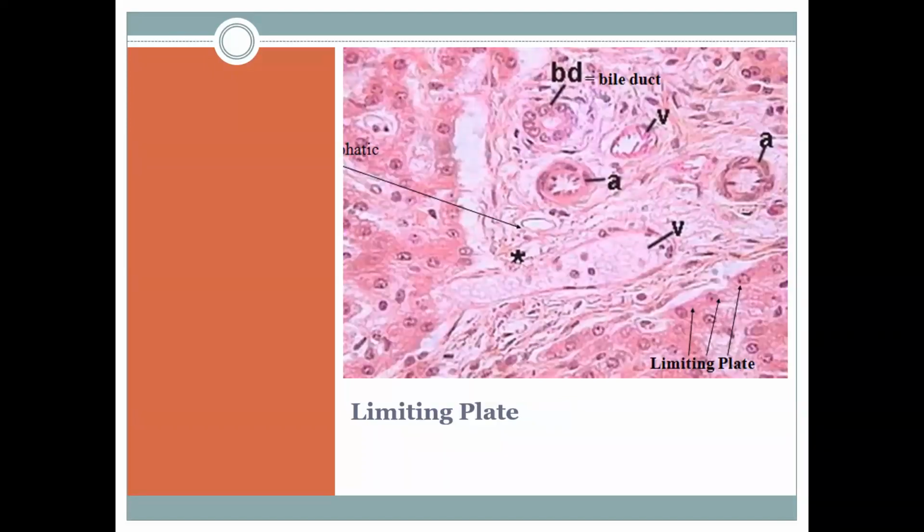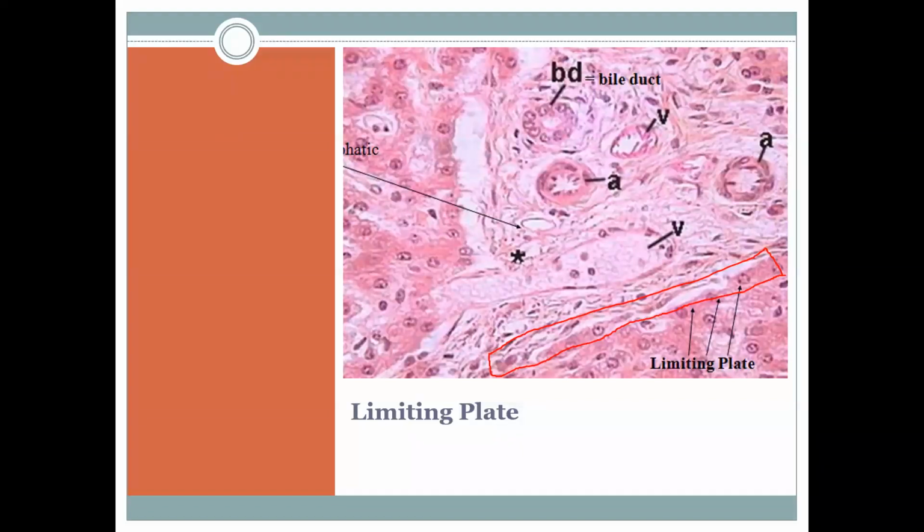Now, a very important concept to go over is the concept of the limiting plate. So what is the limiting plate? The limiting plate, as you can see with this demarcation, is the first line, the first group, if you will, or line of hepatic cells, of hepatocytes, what you call hepatic cord, the first hepatic cord that separates the portal triad from the lobule, okay?